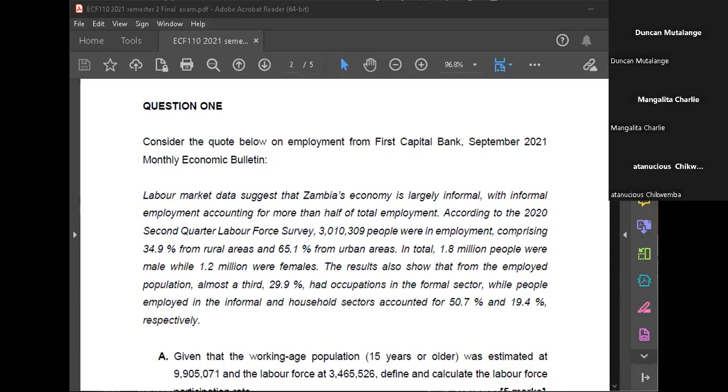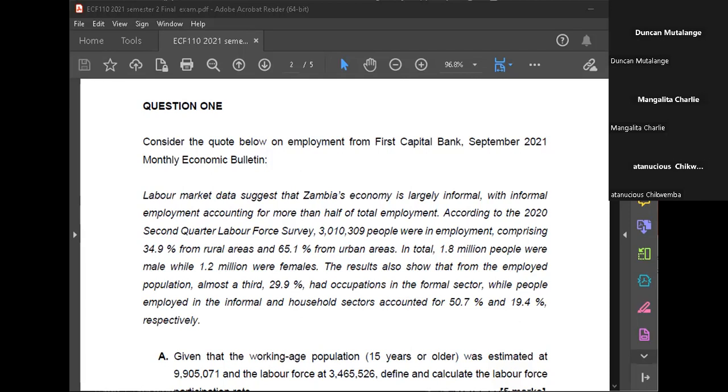The results also show that among the employed population, almost a third, 29.9%, had occupations in the formal sector, while people employed in the informal sector and the household sector accounted for 50.7% and 19.4% respectively.